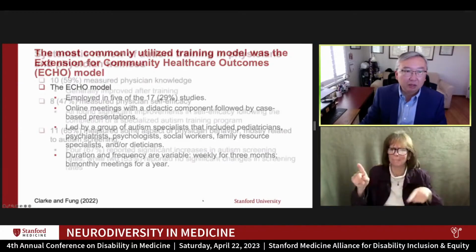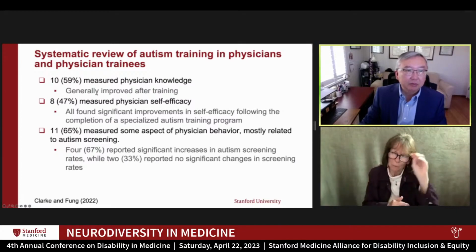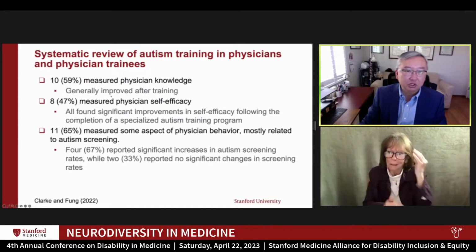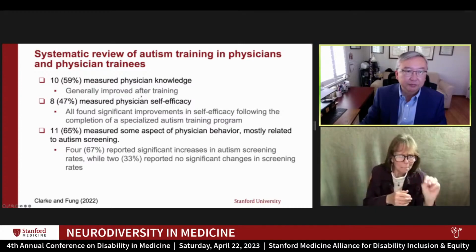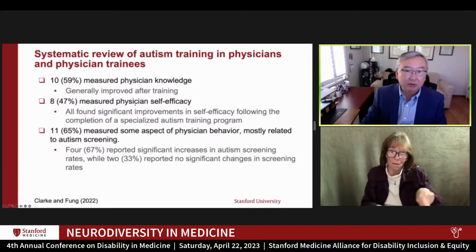And what we found was that about 60% of them would suggest that physician knowledge on autism is generally improved after training. And about 1/2 of them measured physician self-efficacy.